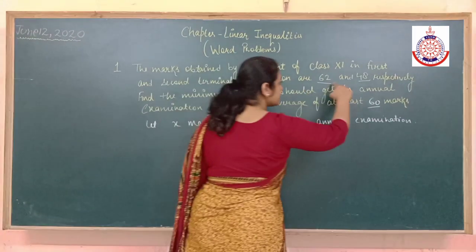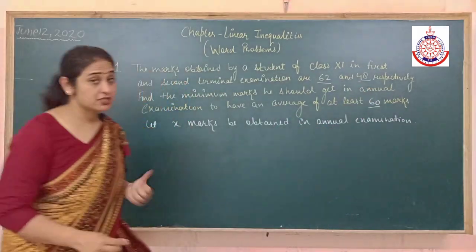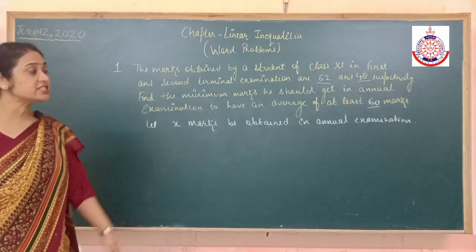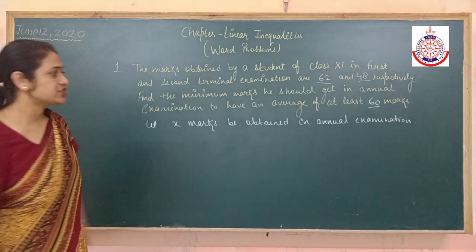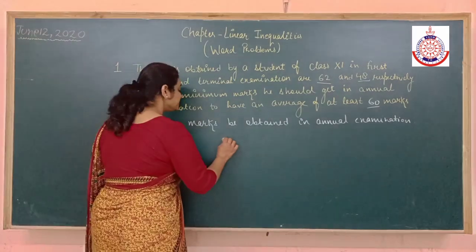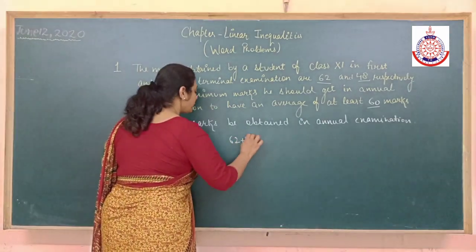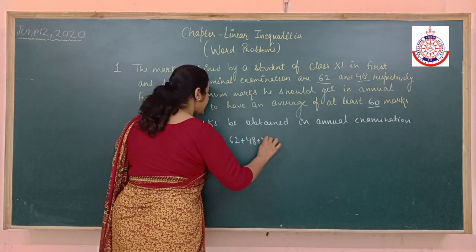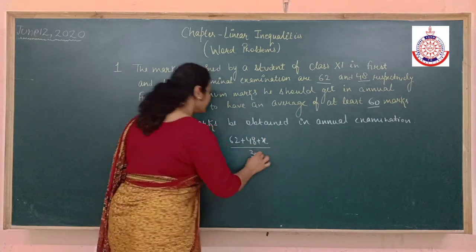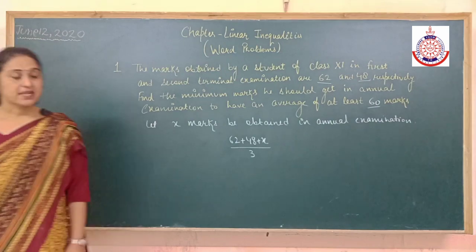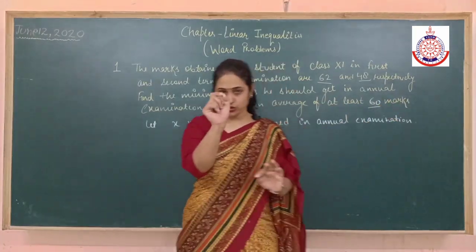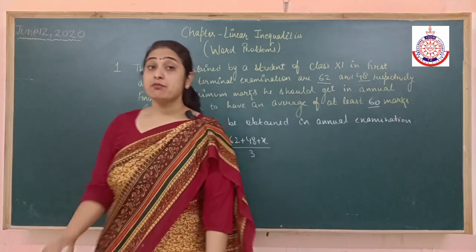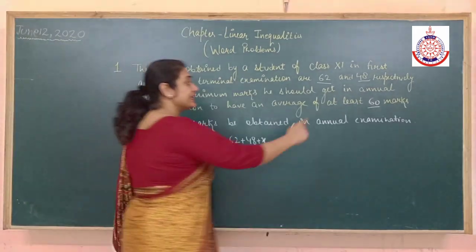These are the first term, second term, this is annual examination. The formula you know of how to find out average is sum of the observations divided by total number of observations. So the average will be (62 plus 48 plus X) by 3. Now, had it been the average is 60, I would have put equals to 60, clear? But now it is at least 60.